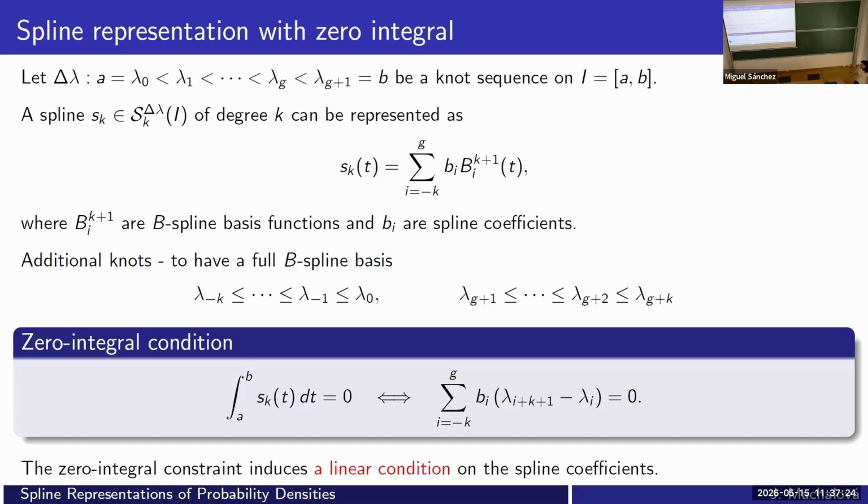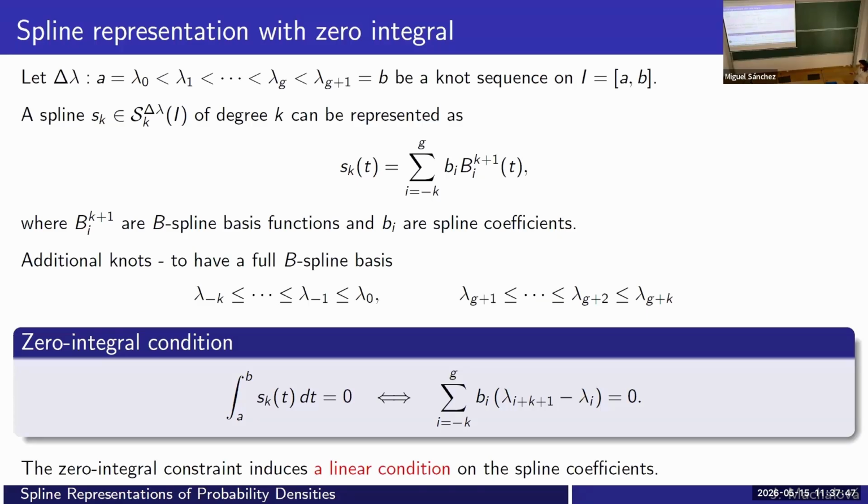What is important is that to have all basis functions, we need to add some additional knots, which have to satisfy this condition. And what is for us very important, that we are able to represent the zero integral constraint by a linear condition on knots and coefficients. And this is a linear condition on coefficients.